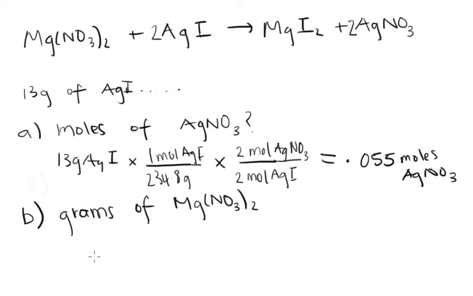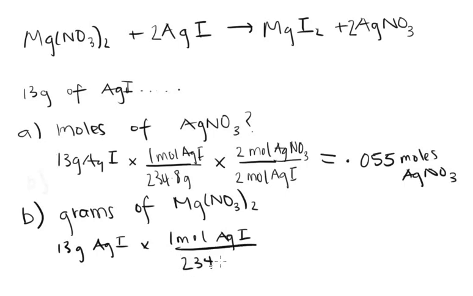So let's do the same thing here for magnesium nitrate. So we have 13 grams of silver iodide, same starting point. And again, we use the same sort of conversion factors. 1 mole of silver iodide is 234.8 grams. That's the molar mass.